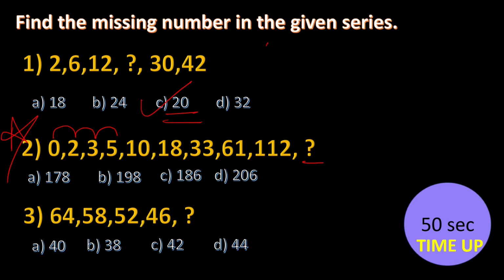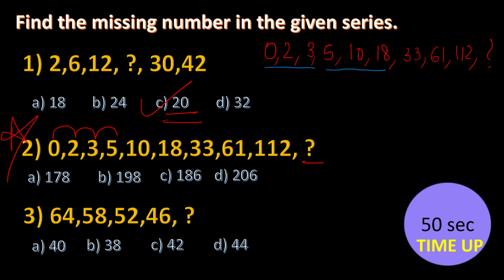If you carefully observe 0, 2, 3, 5, 10, 18, 33, 61, 112, and then question mark. They have made groups of 3, group of 3, group of 3, and the last one to find out will also be a group of 3.